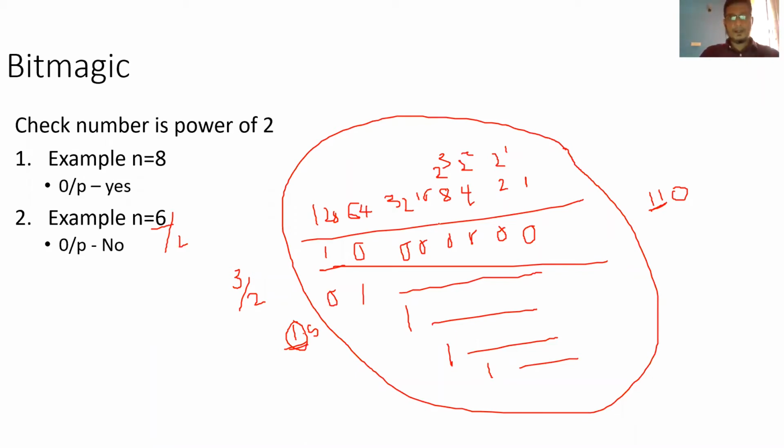Okay, any questions? Yeah, I have one question. Let's say instead of asking whether it is a power of 2, the question is, for 8 as an example, the answer is 2 raised to 3, which is yes.